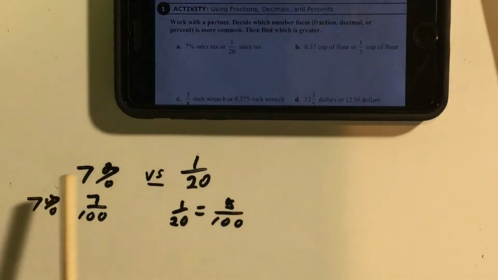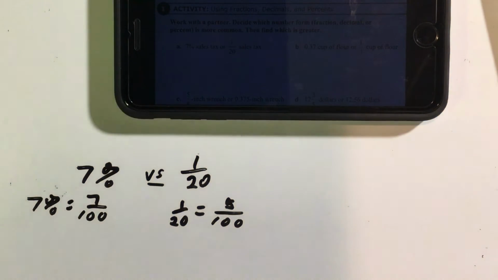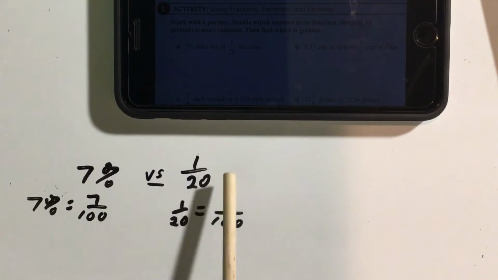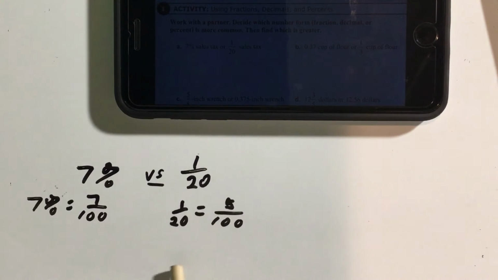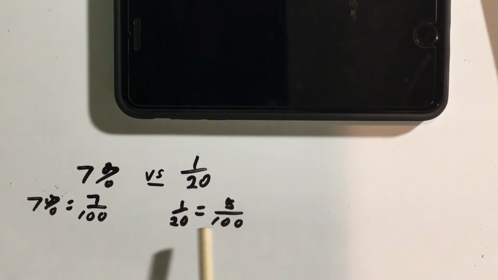So I have 7% compared to 1/20th. And what I did is I turned 7% into a fraction, which turned out to be 7 over 100. Well, in order to compare it to 1/20th, I needed to turn 1/20th into hundreds because they need to have the same denominator.